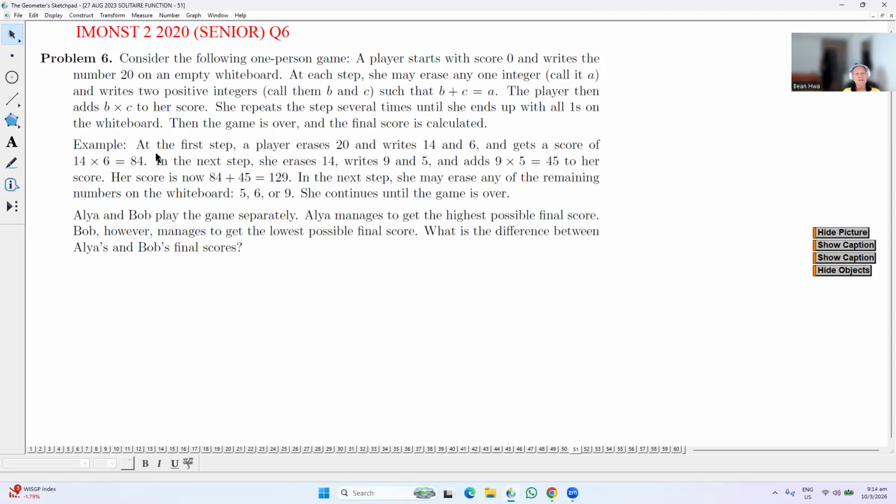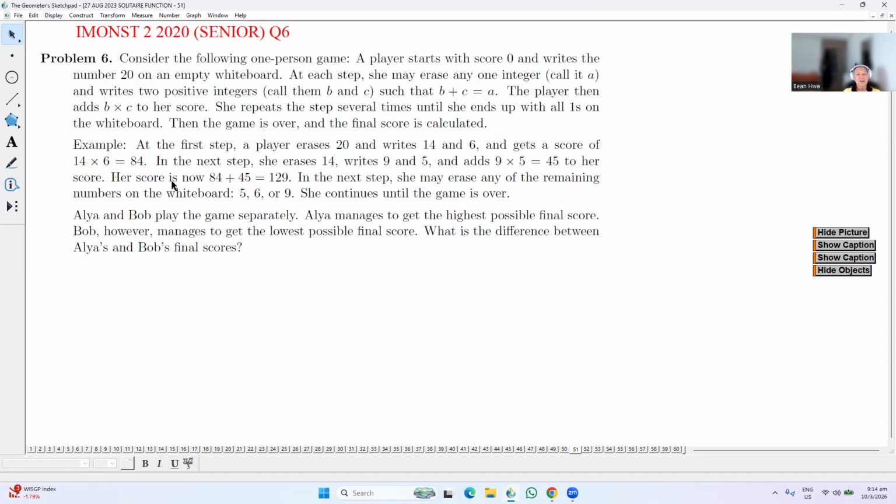Example, at the first step, a player erases 20, writes 14 and 6, and gets a score of 14 times 6 equal to 84. In the next step, she erases 14, writes 9 and 5, and adds 9 times 5 equals 45 to her score.